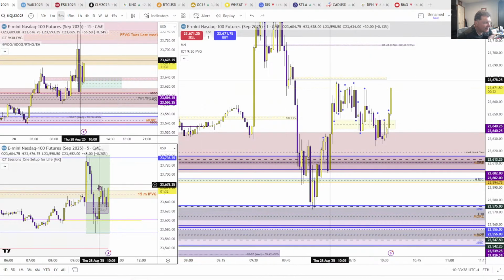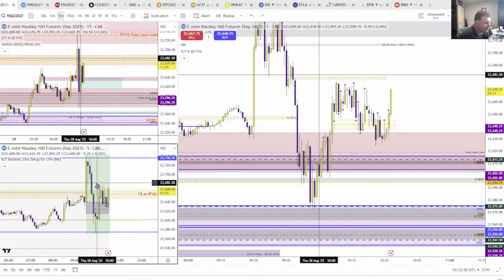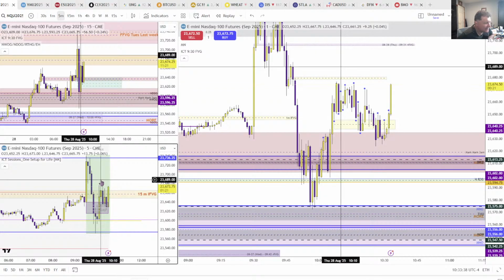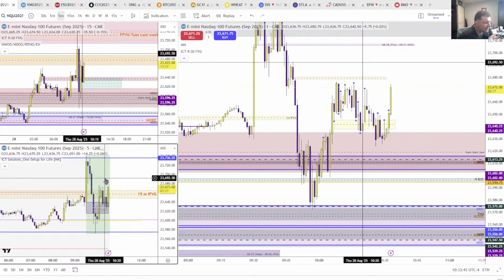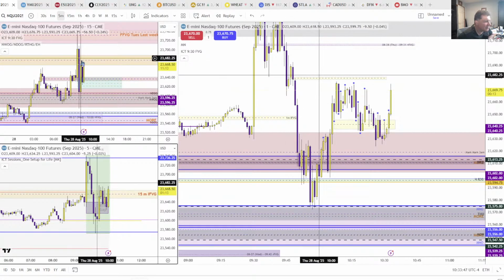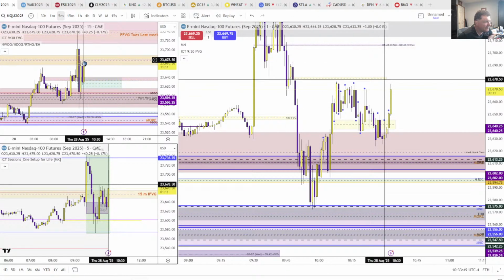This 5-minute says, look, I can still come up into here at 682 and still be bearish. I can come up into 689 and still be bearish. It's not till I close above 689 that I can start to say, now I'm bullish lower time frame, bullish higher time frame.